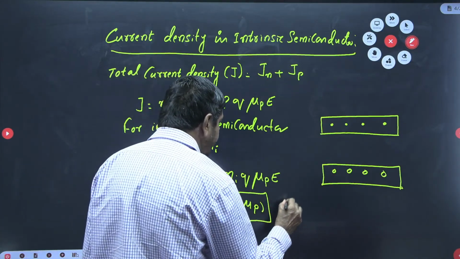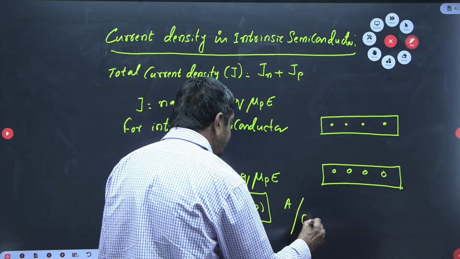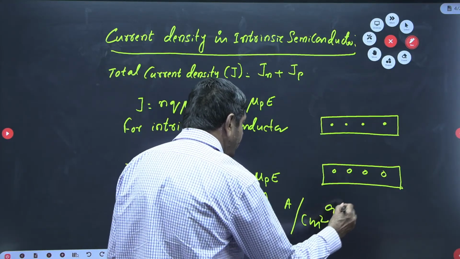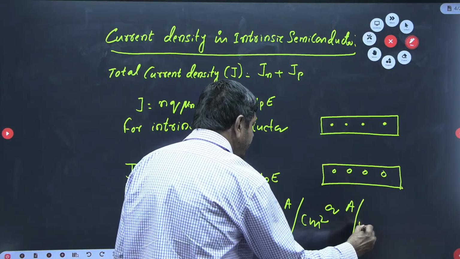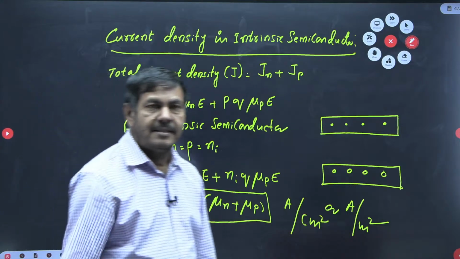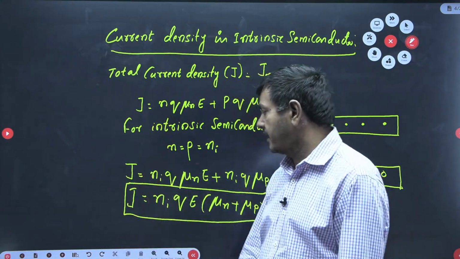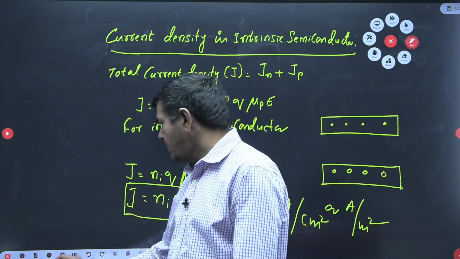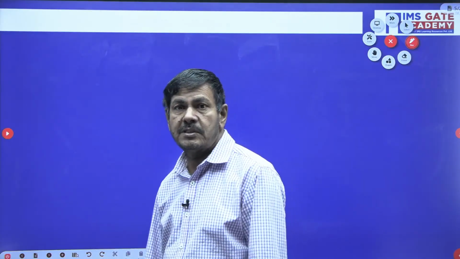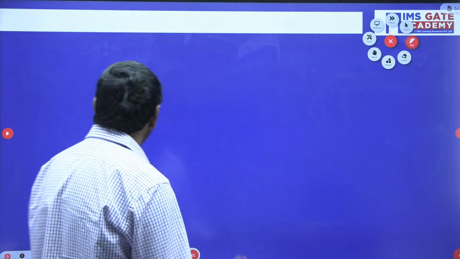Units are amperes per cm square, or amperes per meter square also you can put. This is the current density formula for an intrinsic semiconductor. What about conductivity in an intrinsic semiconductor? That also we can discuss.